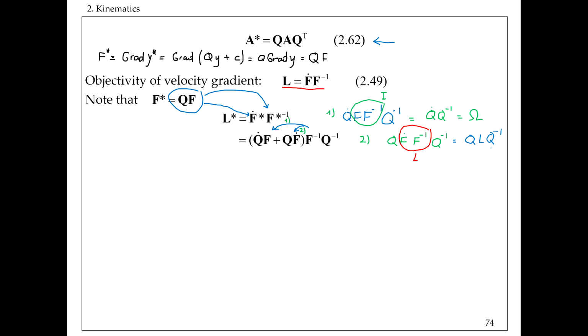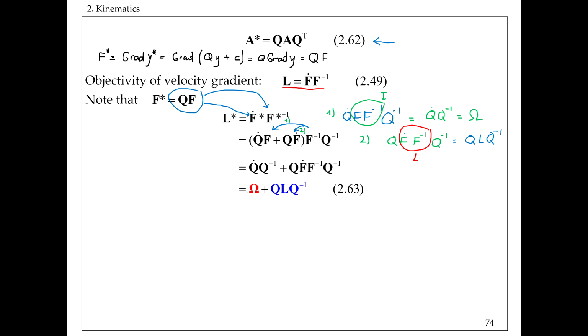262, the objectivity condition. So we have two terms: L after the transformation is, again, the spin that we obtained here, the first term. The second term is Q L Q transpose, where minus 1 is exactly the transpose. So if the spin of the rigid body motion was 0, then yes, we could say that the velocity gradient is objective.